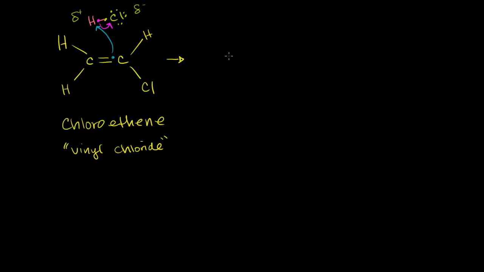We'll have this carbon over here bonded to two hydrogens. It has its single bond to that other carbon that just lost its electron, which is bonded to a hydrogen and a chlorine. And now this carbon on the left is now bonded to the hydrogen.